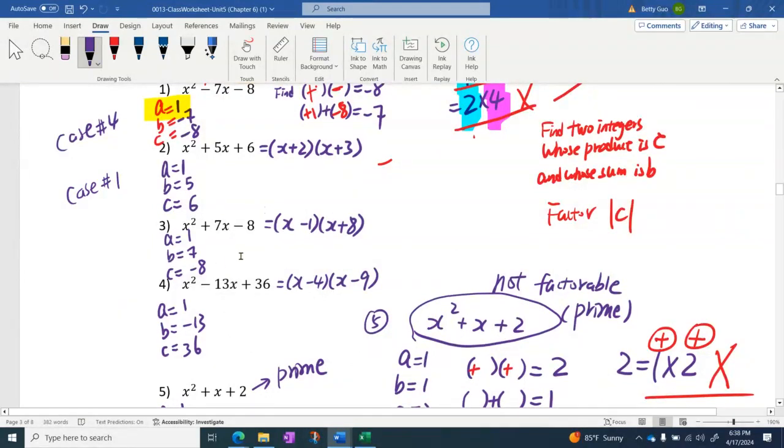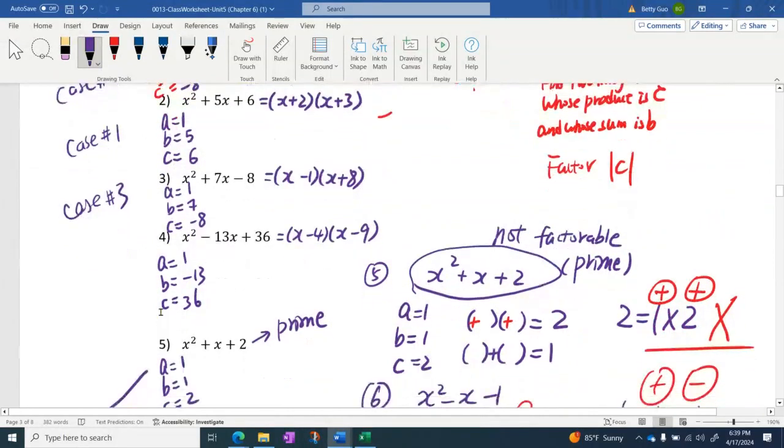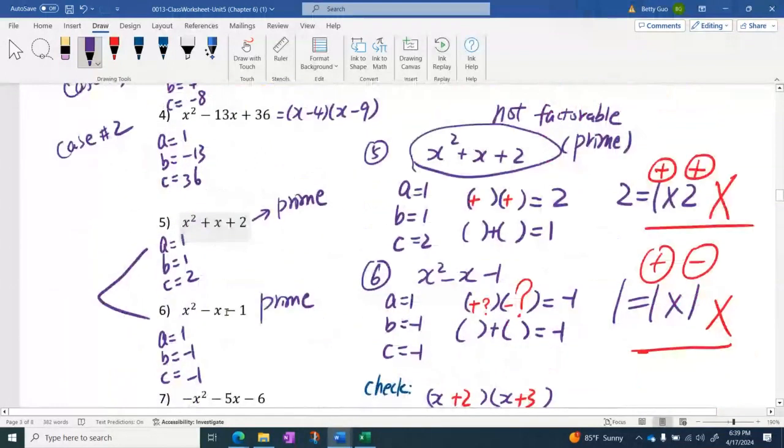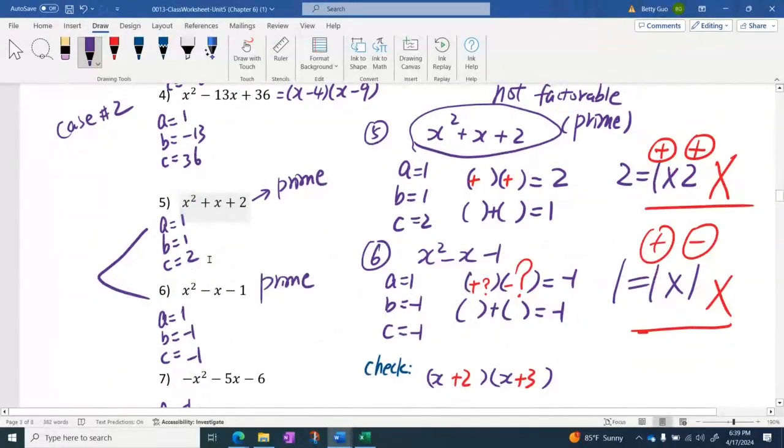Number 3, the two integers we are looking for multiply to negative, add up to positive, that's case number 3. Number 4, the two integers multiply to positive, add up to negative, so that's case number 2. The first 4 questions correspond to the 4 cases, one for each. And then number 5 and number 6 are the cases where the quadratic trinomial is not factorable.